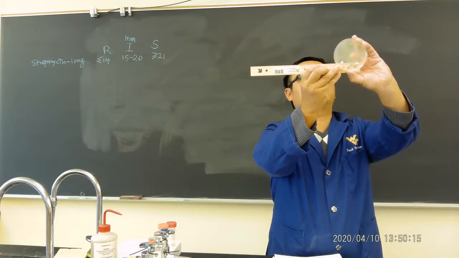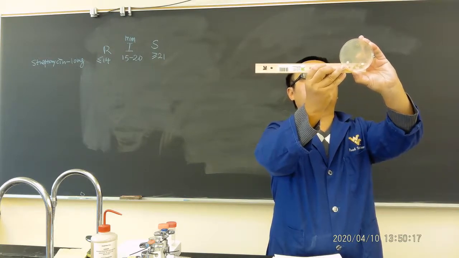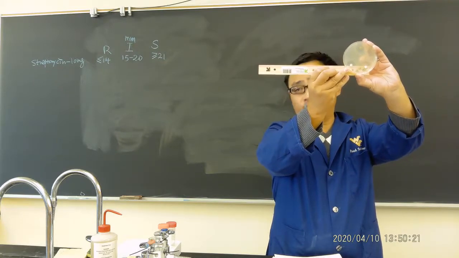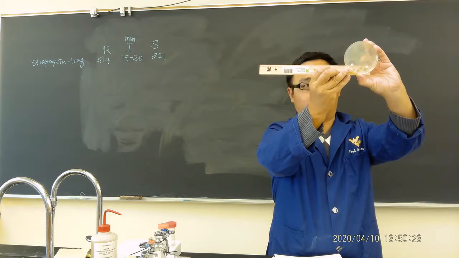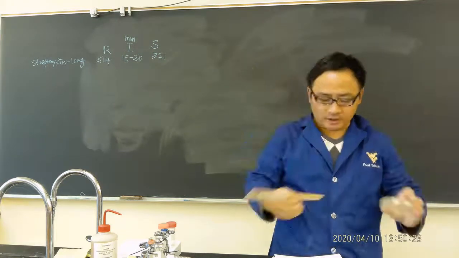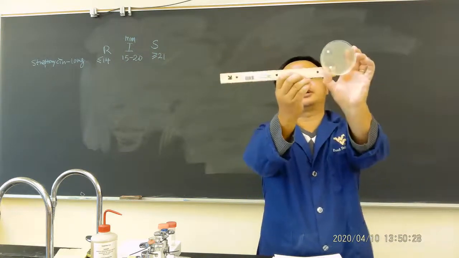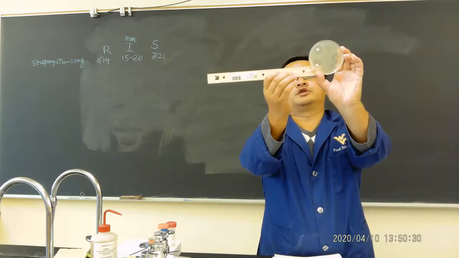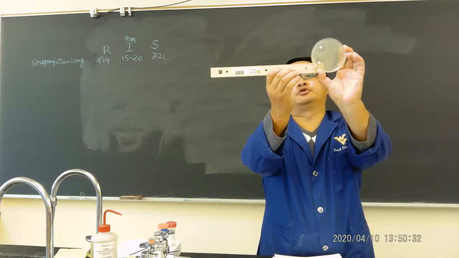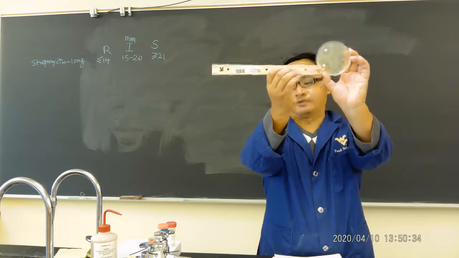If we measure the diameter, you can see it is 22 millimeters, 2.2 centimeters. And usually we also measure it again once we turn it around 90 degrees. We do it twice. This one is about 23 millimeters.